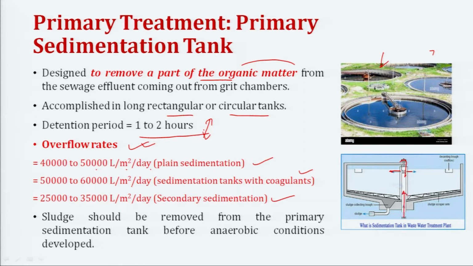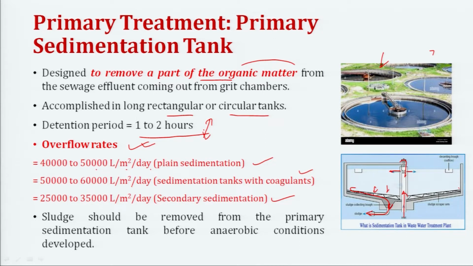The wastewater is allowed to sit in the sedimentation tank for the detention period, which may be around 2 hours, and then the sludge settles down. Whatever has settled is removed through this part. This is the scraper. This is how a sedimentation tank works.